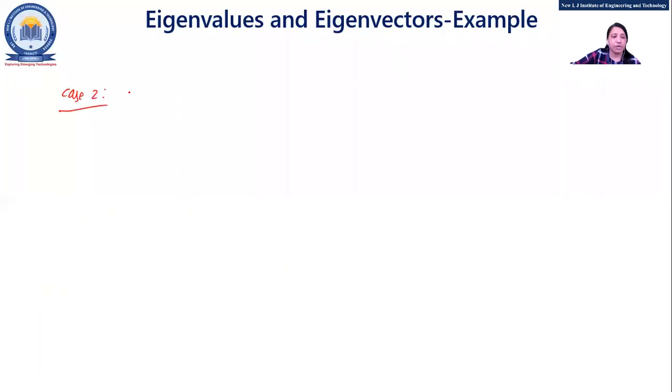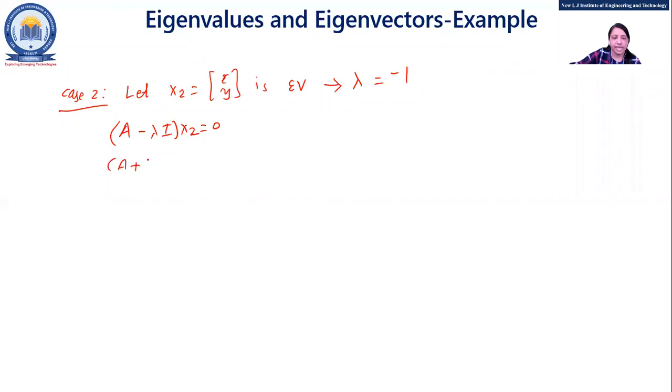Now for the other lambda we go to case 2. Case 2: again, assume that x2 equals (x, y) is an eigenvector for the other lambda, which is minus 1. So your equation is (A minus lambda I) x2 equals 0. Now here lambda equals minus 1, so your equation will be (A plus I) x2 equals 0.